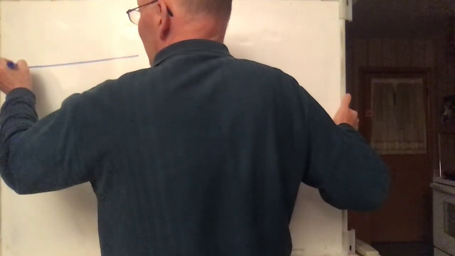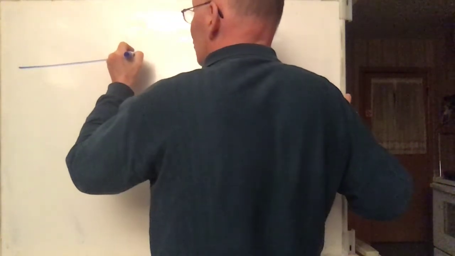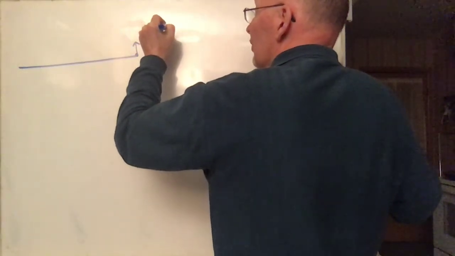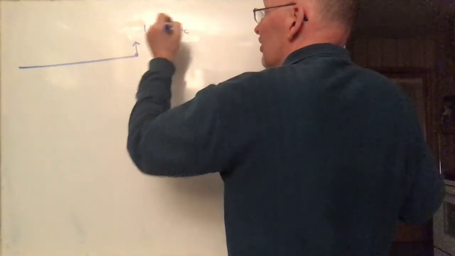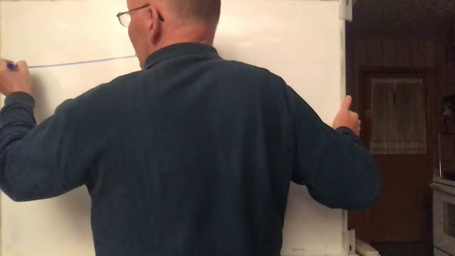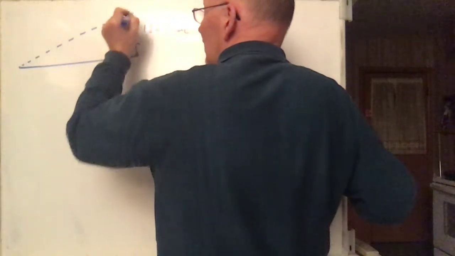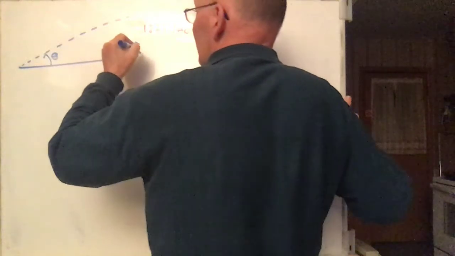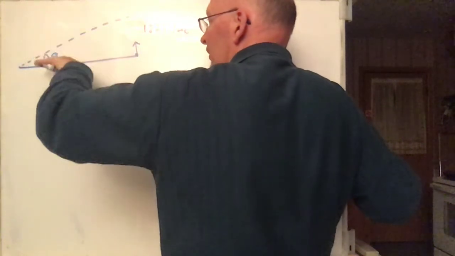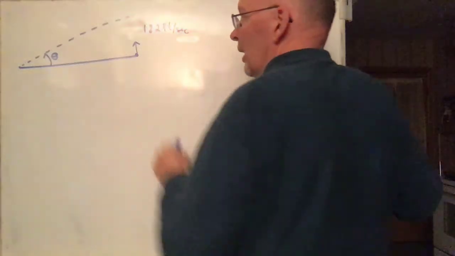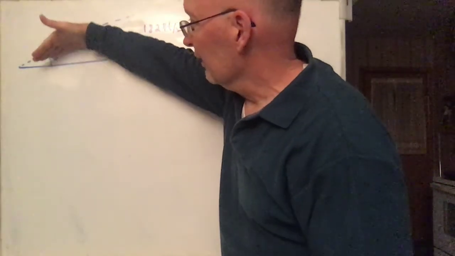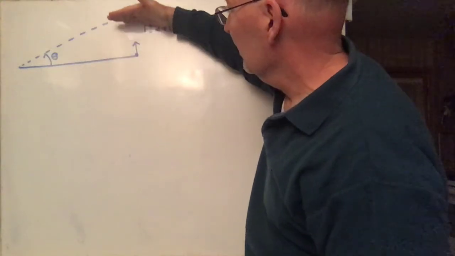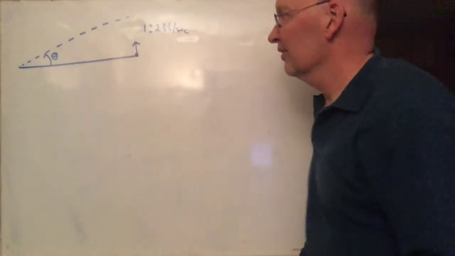Okay, so here's the situation. You've got someone right here that's shooting an arrow up in the air at a rate of 182 feet per second. Shoots an arrow up. And someone right here has a camera, and the camera is rising in elevation. Obviously, it has to raise in elevation. The angle of elevation has to rise in order to keep the arrow in the lens of the camera in sight.